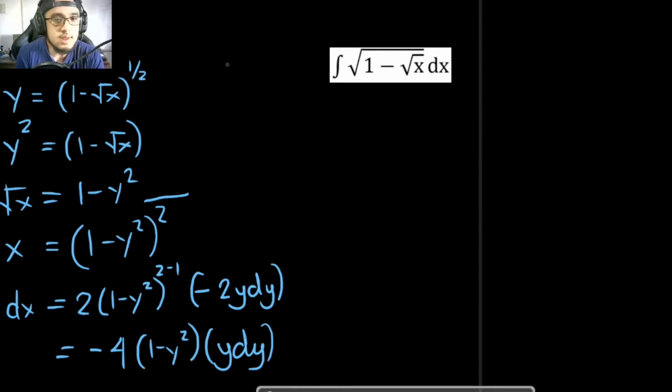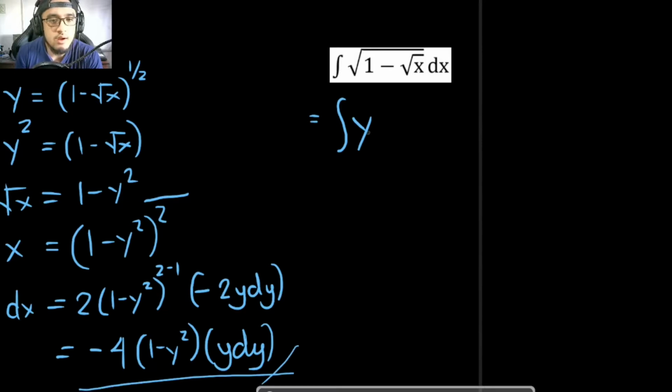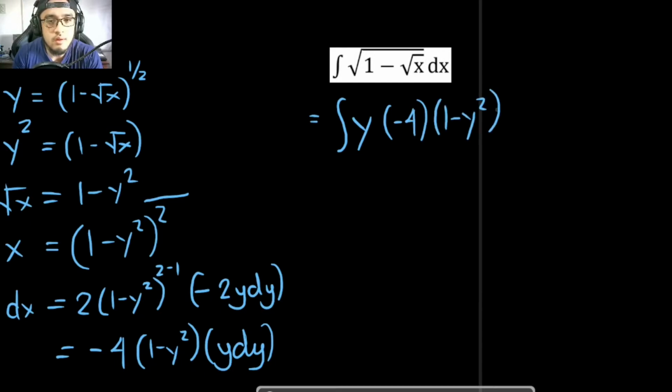As you can see here, this is equal to the integral of, and since our y is the whole quantity, which is this one right here, this is y times dx, and our dx is this equation right here: negative 4 times (1 minus y squared) times y dy.